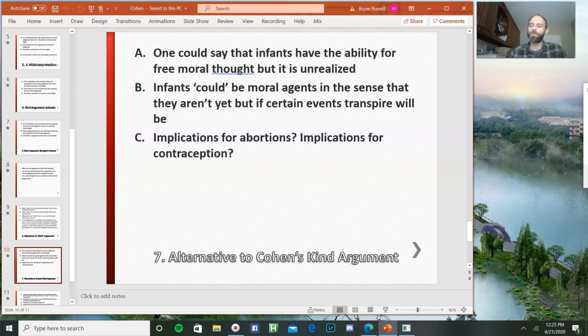Maybe a response of his would be, well, most mosquitoes can't, so you have to have most beings of a kind have a certain capacity. So what if there were 10 mosquitoes in the world and we genetically engineered 6 of them to be rational and autonomous? Now the other 4 regular garden variety mosquitoes have rights because 6 mosquitoes have rationality and autonomy.